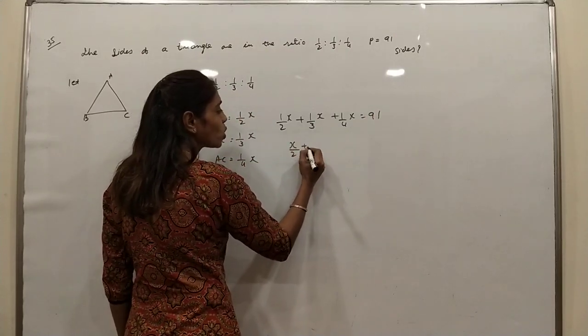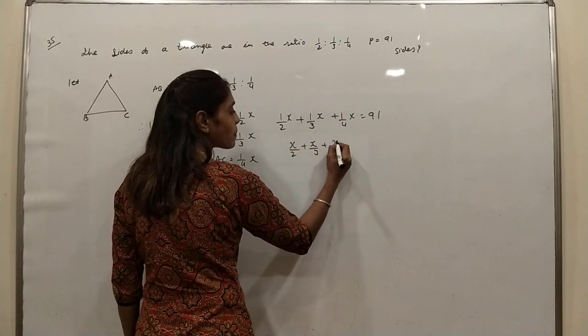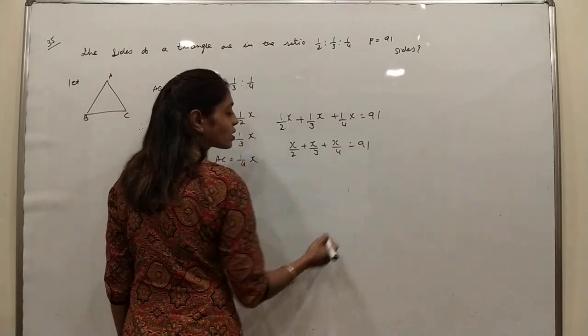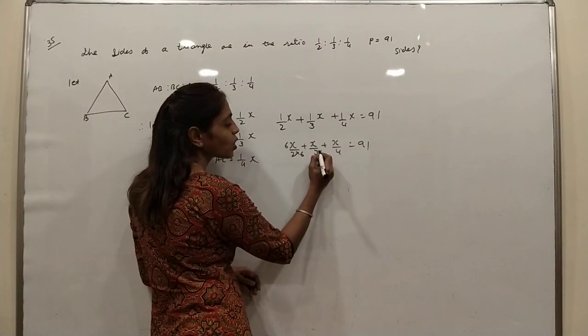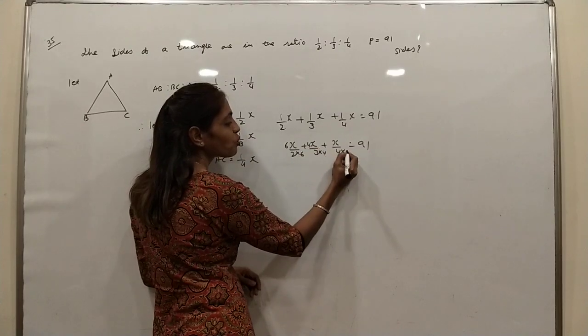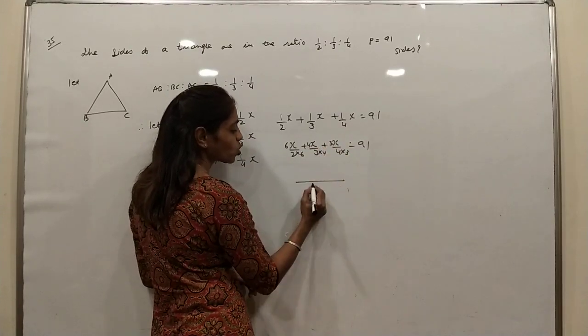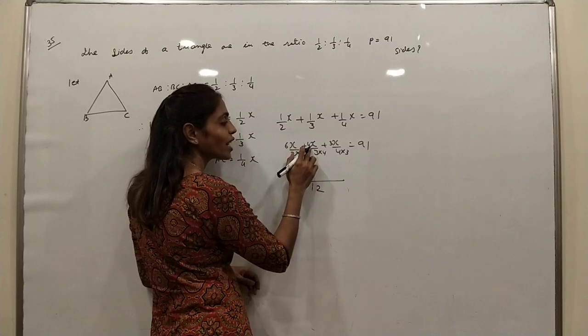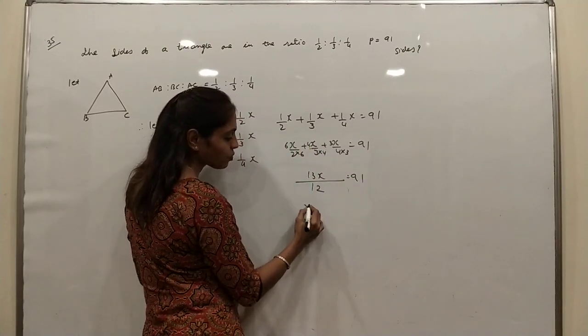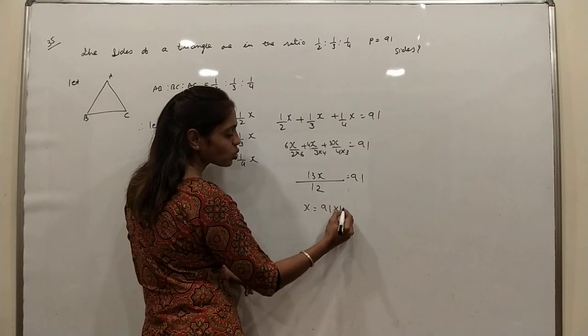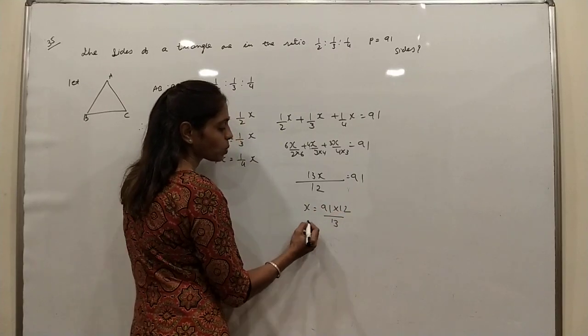It means x by 2 plus x by 3 plus x by 4 is 91. 12 is the LCM. So 6 plus 4 plus 3, 13x is equal to 91. So x is 91 into 12 by 13.